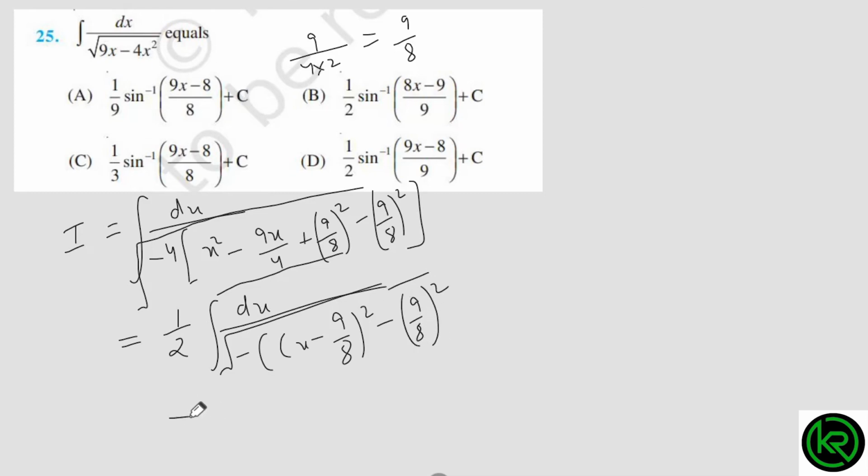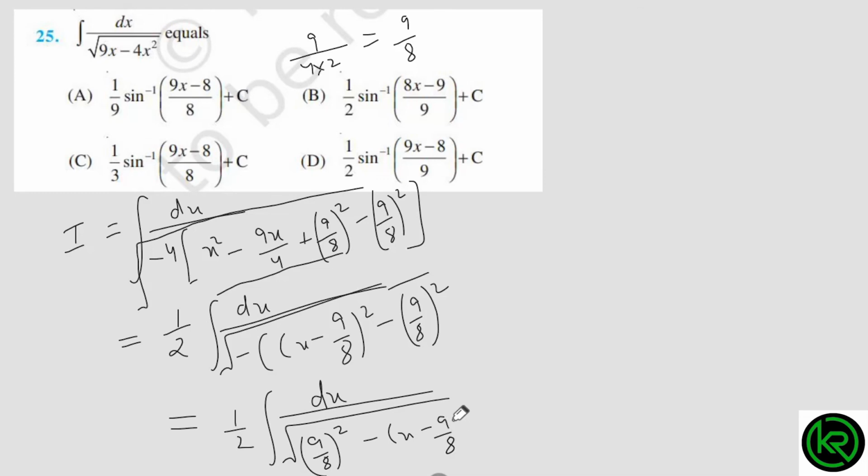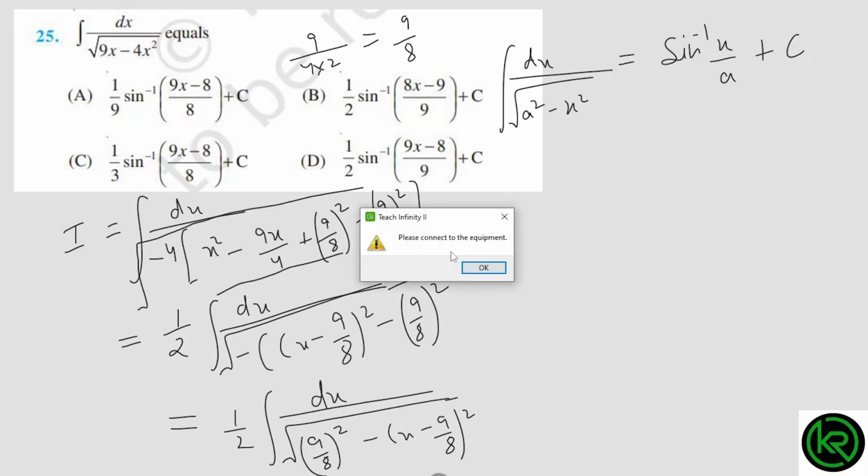So lastly we will get half here, and dx, and minus minus will become plus, 9 by 8 square minus x minus 9 by 8 square. This forms the formula dx upon under root a square minus x square, whose integration is equal to sine inverse x upon a plus c.